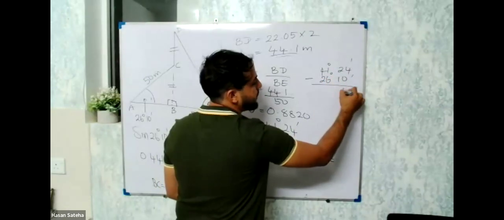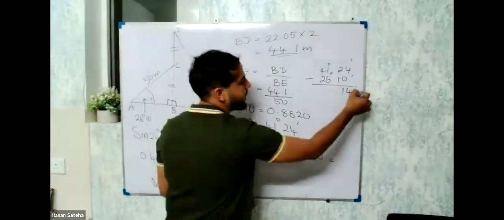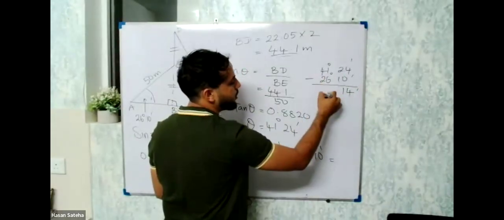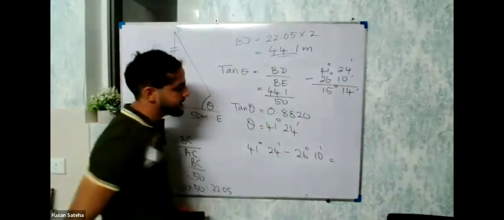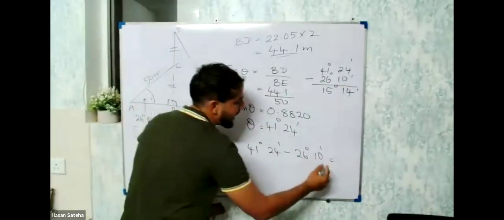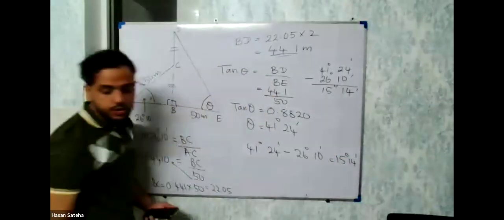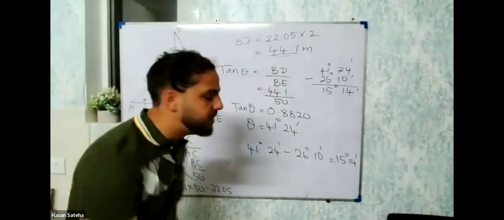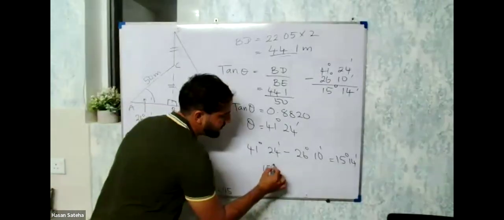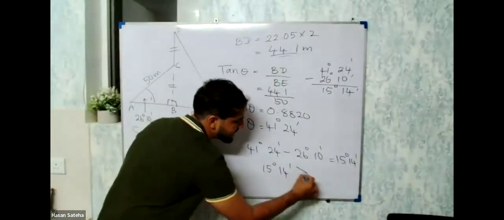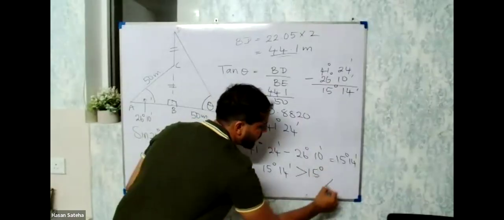So 10 from 24, that is 14 minutes. 26 from 41, that is 15 degrees. So now we have 15 degrees and 14 minutes. They told you to show it's greater than 15. So you can tell 15 degrees and 14 minutes is greater than 15 degrees.